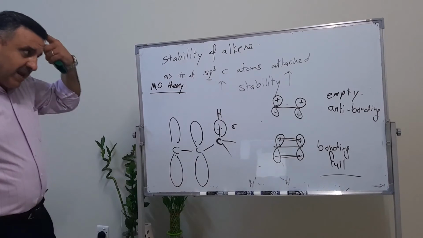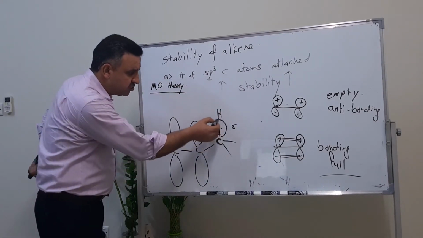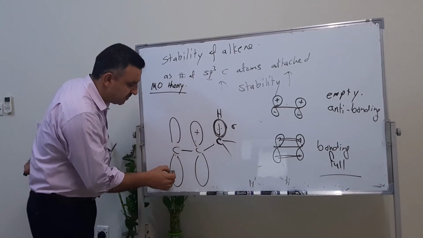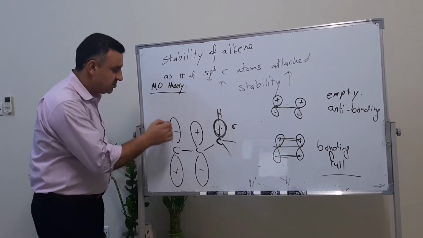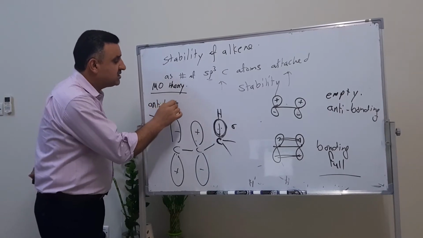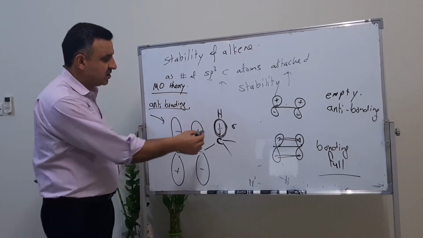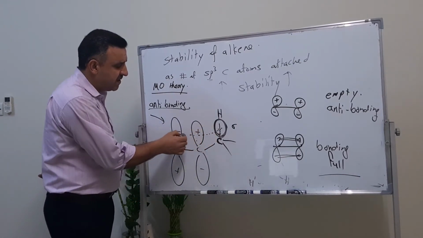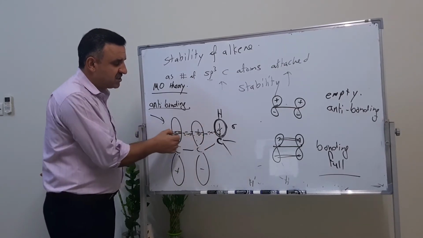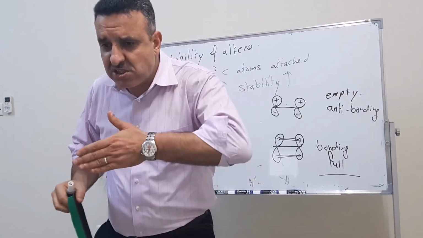Do you follow me? Now, what's going to happen is sharing of the 2 electrons in the sigma bond with this anti-bonding. This is plus plus, minus minus. This anti-bonding is empty, so it can accept electrons. So these 2 electrons make some sort of overlap with the sigma electrons. Remember my words, it's not like a typical bond.